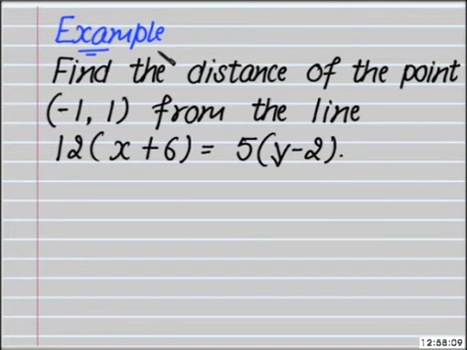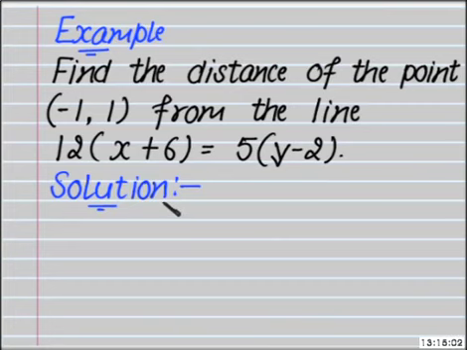Now let's see another example. Find the distance of the point with coordinates -1 and 1 from the line with equation 12 into x plus 6 equal to 5 into y minus 2. Now its solution.